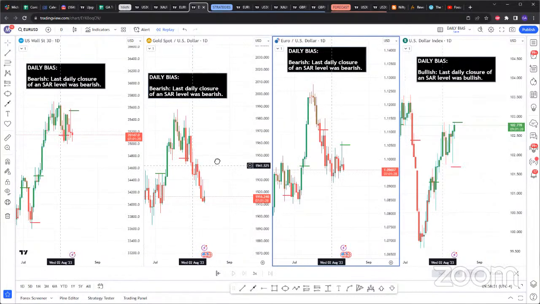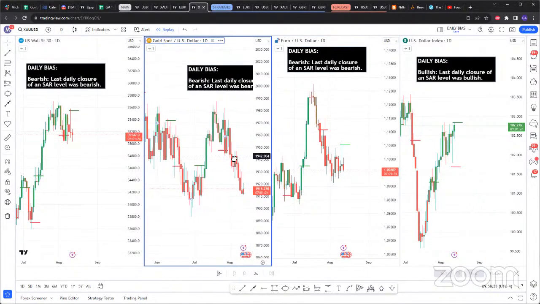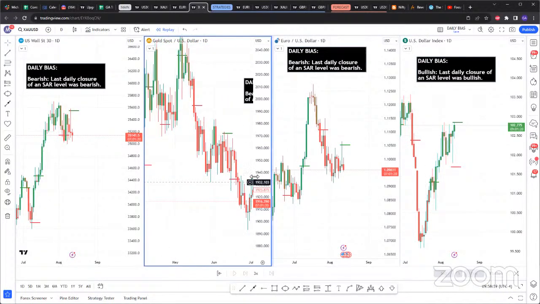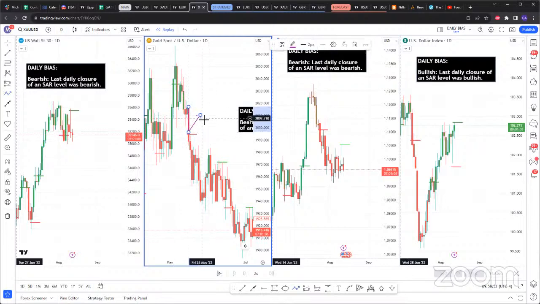So let me do gold. Gold here would have worked. I'm looking for a candle on the daily that formed the SAR and closed above. So this candle right here, you see gold on Wednesday 17th. Ideally, the candle that forms the SAR, let me plot this in a clearer zone.